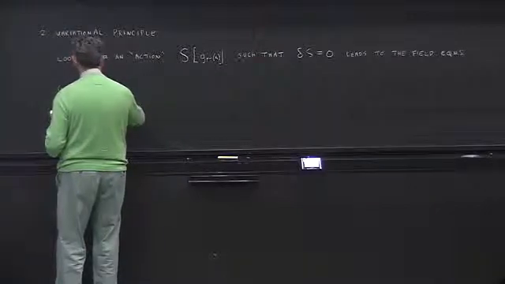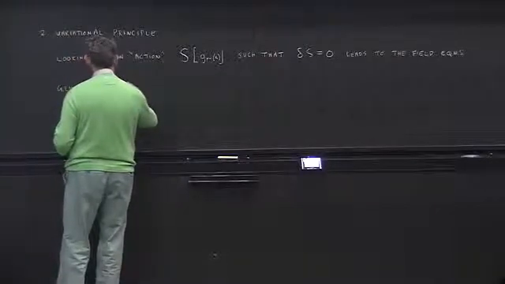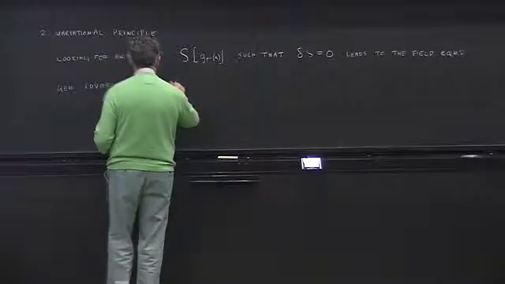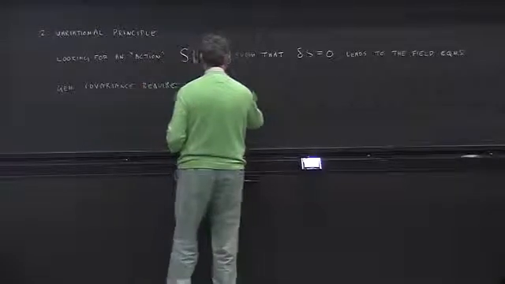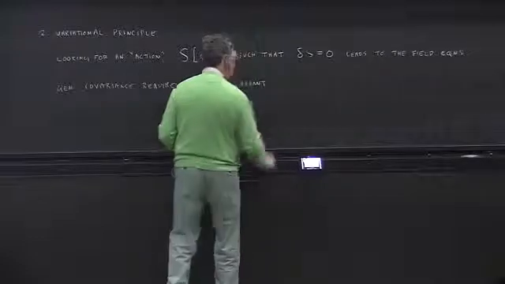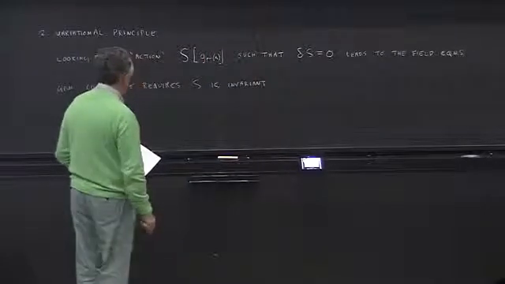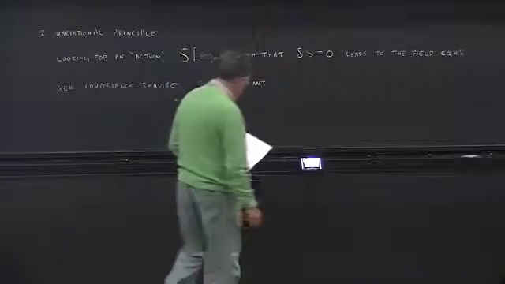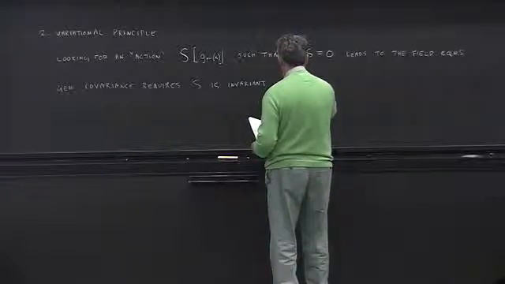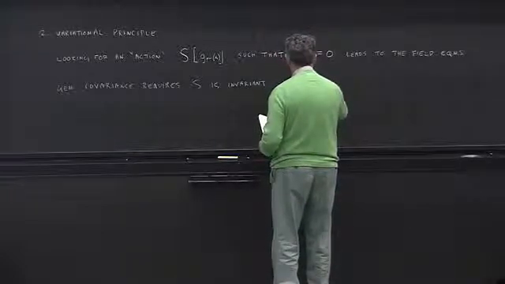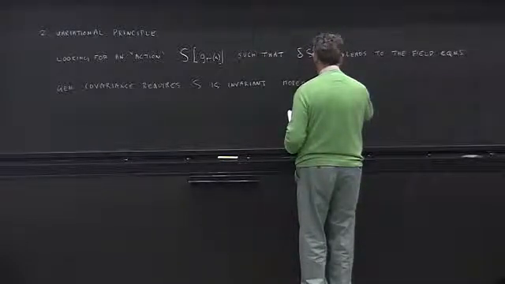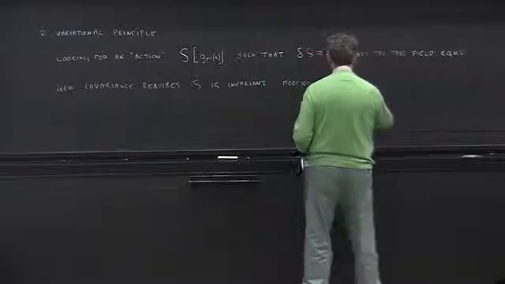General covariance requires S is invariant under general coordinate transformations. And we're going to insist, insist is too strong a word.